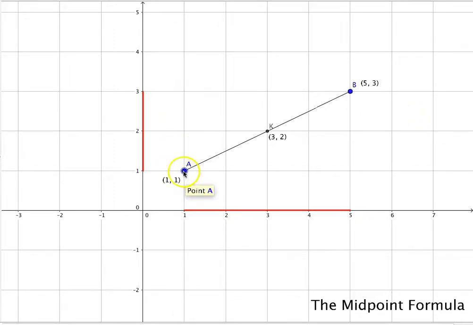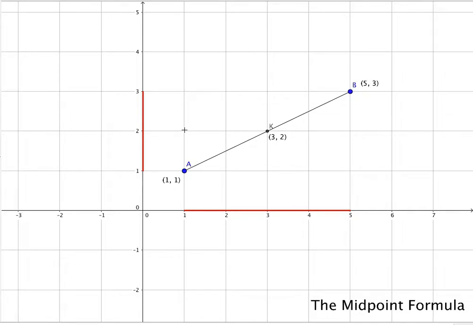But we started out at 1, so if we travel 2 more in the x direction, we're going to be right there at 3. And in the y direction, we're traveling from 1 to 3. So the distance we're traveling is 2, and halfway is 1. But we're starting at 1, and so we travel up 1, and we get right there to 2.